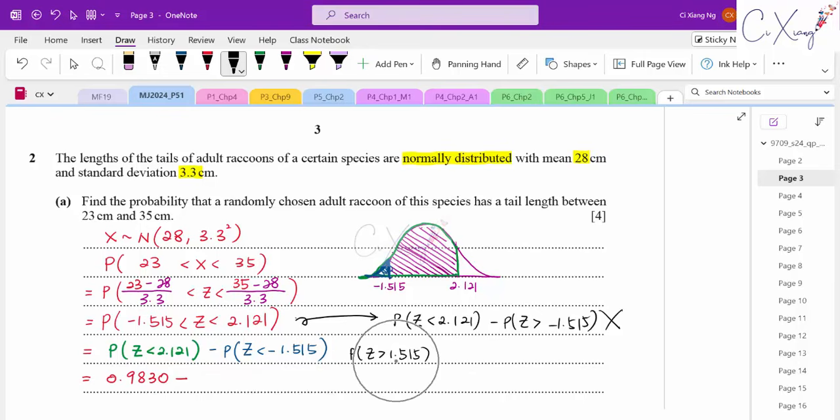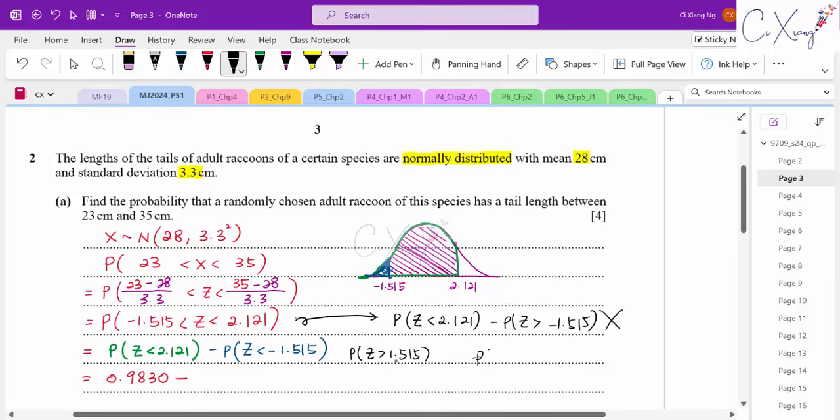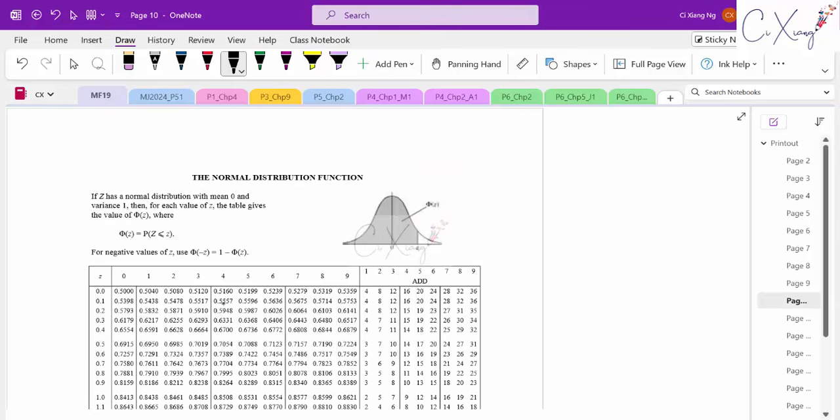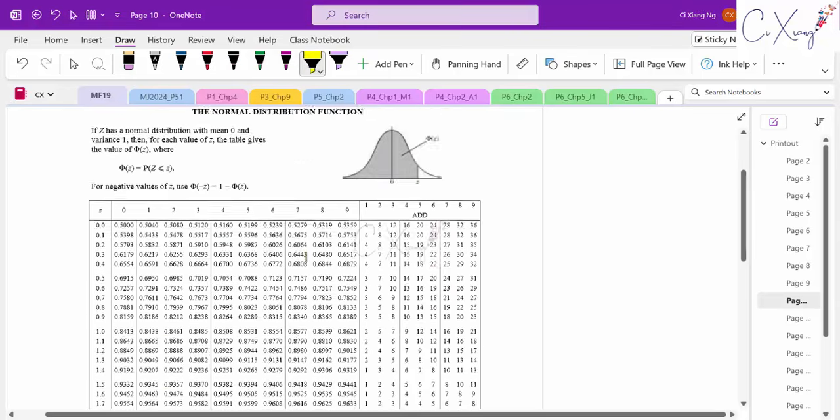But when you look at this value to get the answer, right, in the table, they give us the value for z smaller than 1.515. And therefore, you need to take 1 minus this answer from the table to get the answer that I want, which is this one or this one. Okay, so we're looking for 1.515.